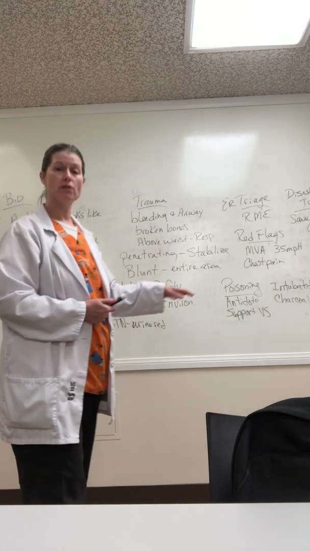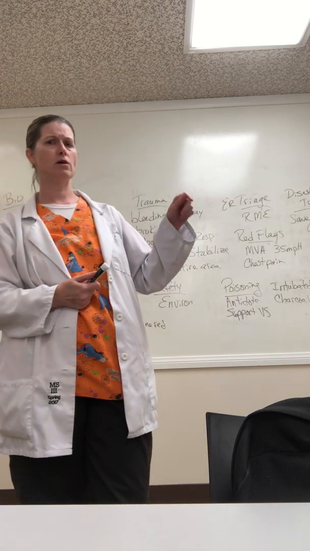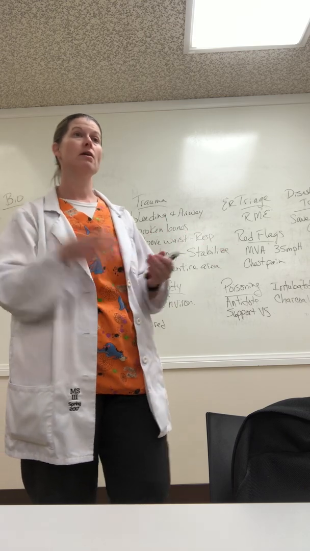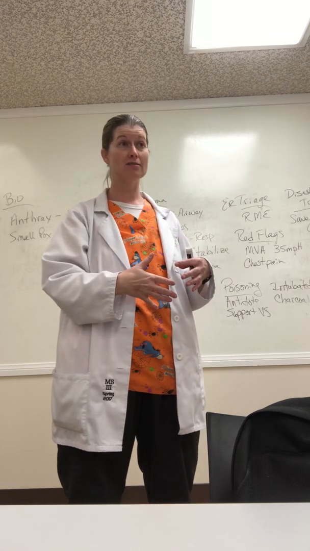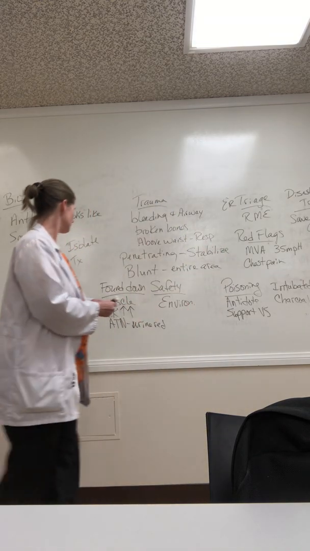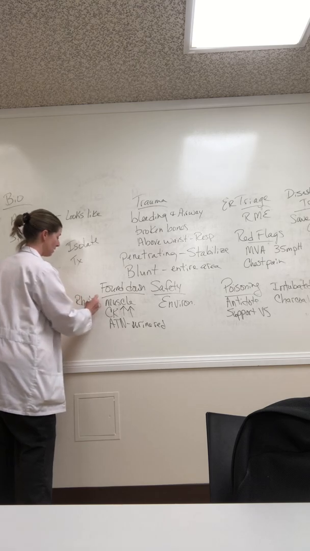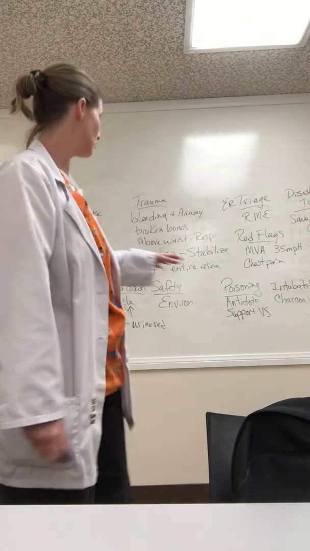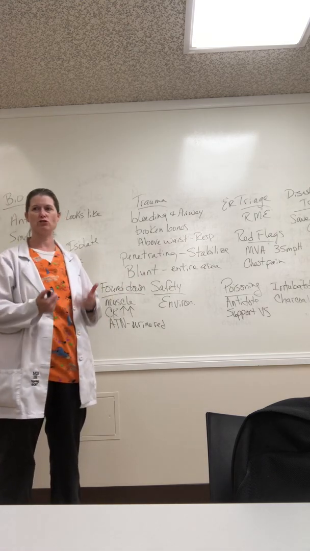That can also happen with, I don't think you guys have done burns yet, but when you do, when you have an electrocuted patient or lightning strike or something, the whole pathway of the electricity could cause muscle damage. And so then you end up with what they call rhabdomyolysis, or rhabdo. So that's what that's all about too. That can also happen with a trauma, especially a blunt trauma, something that you can't really see as well, or it's just bruised.